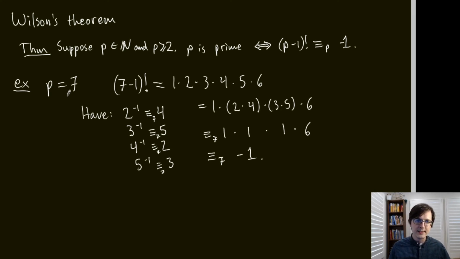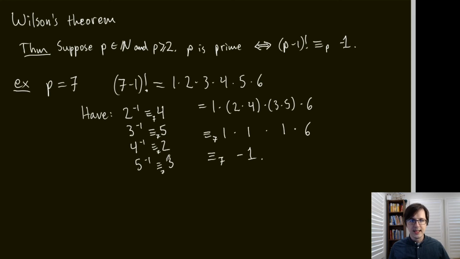So when p is 7, 7 minus 1 factorial is 1 times 2 times 3 times 4 times 5 times 6. And then let's look at the inner numbers. One thing we can calculate mod 7 is that 2 inverses 4, 3 inverses 5, 4 inverses 2, and 5 inverses 3. So they come in these pairs.